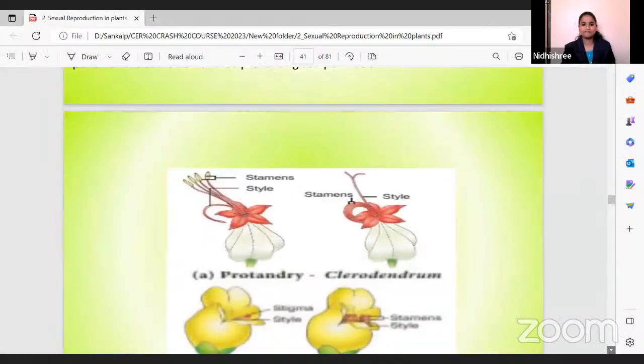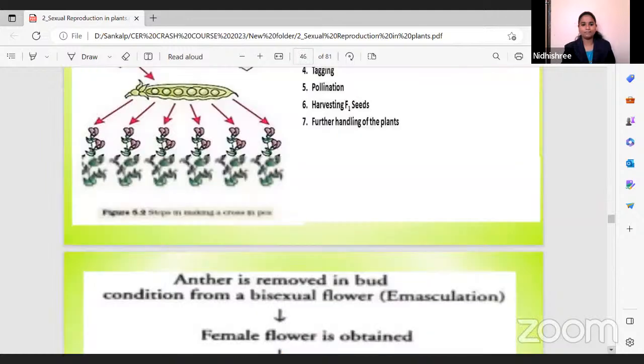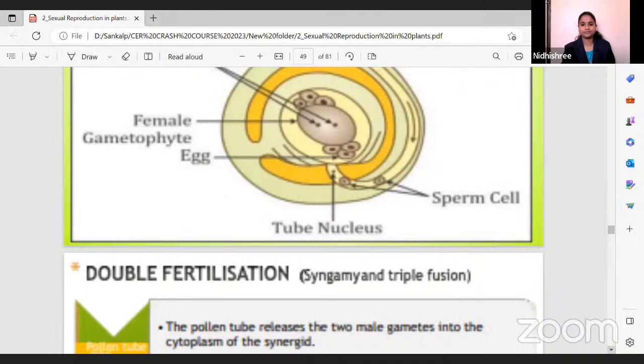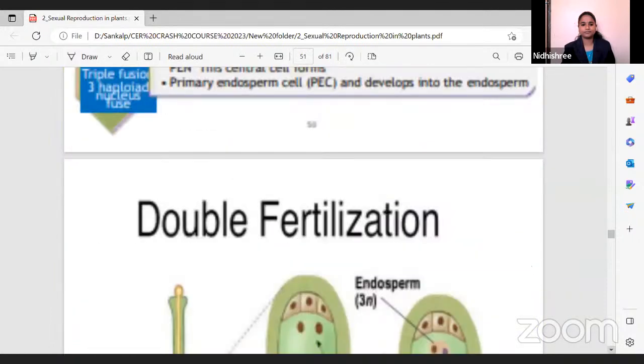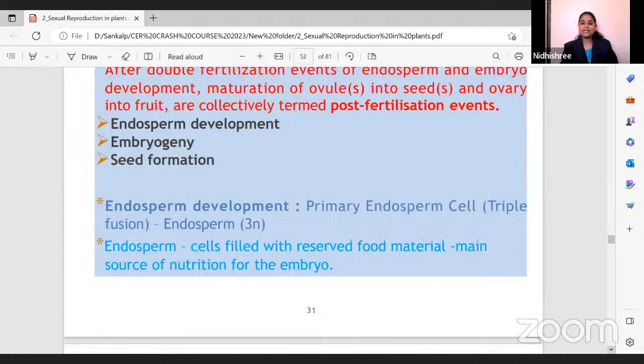Now let us discuss a few concepts regarding endosperm. Endosperm development: PEN, primary endosperm cell.